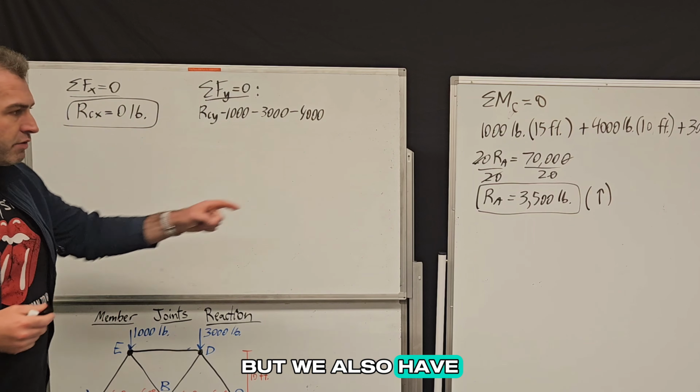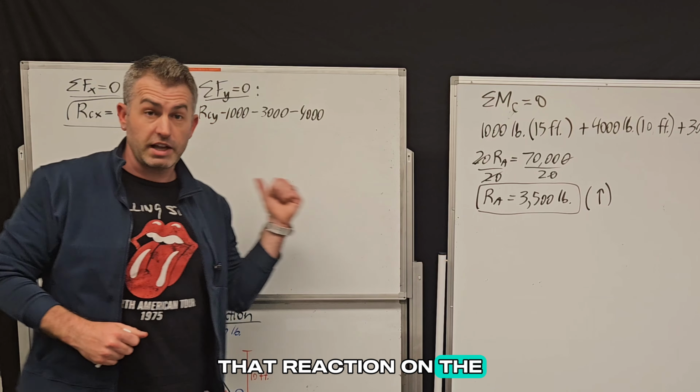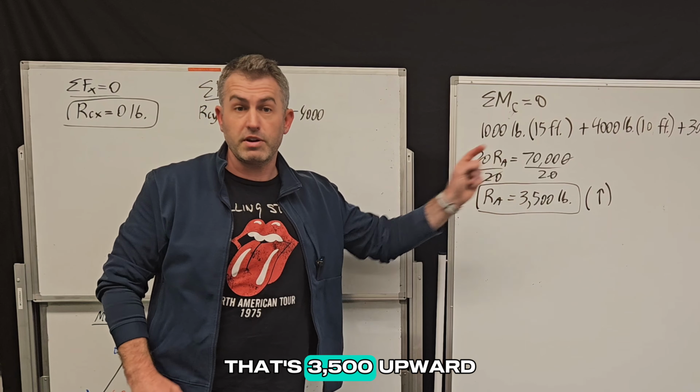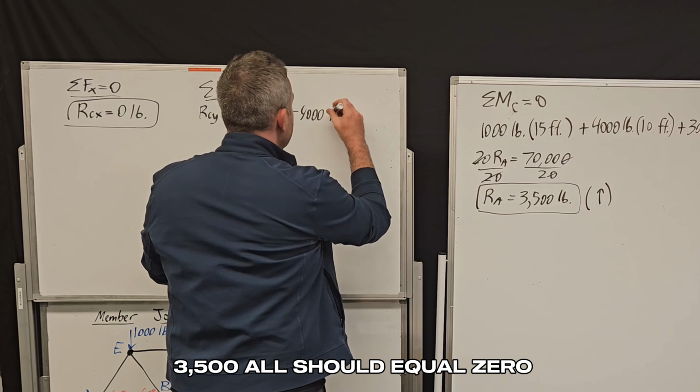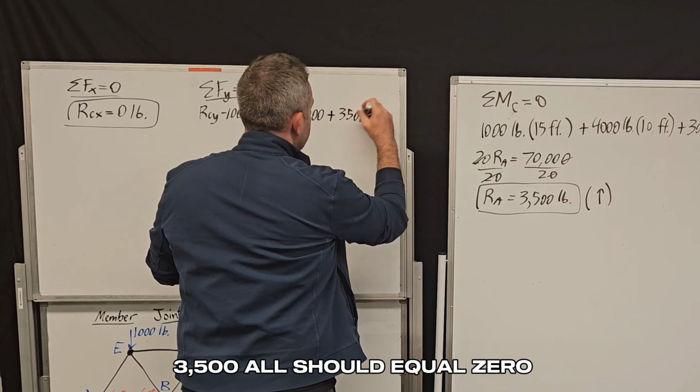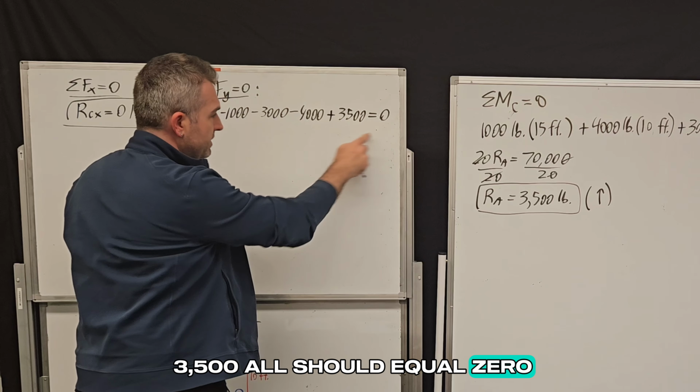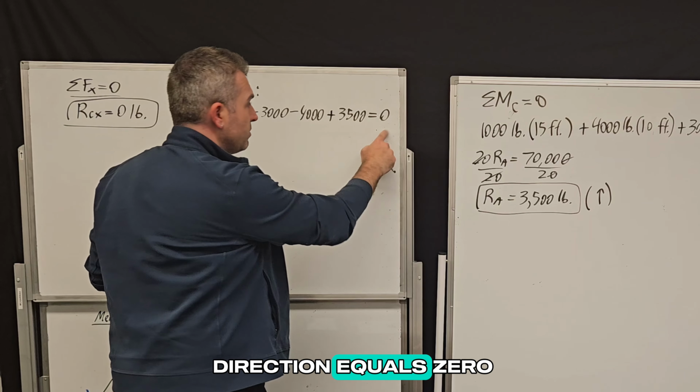But we also have this RA, that reaction on the left side of the bridge, that's 3,500 upward. So we have plus 3,500. All should equal 0.